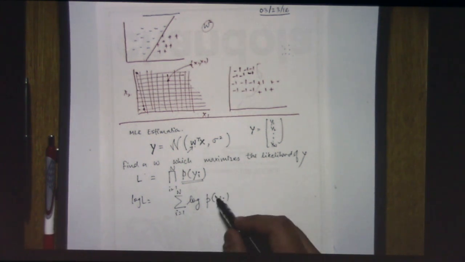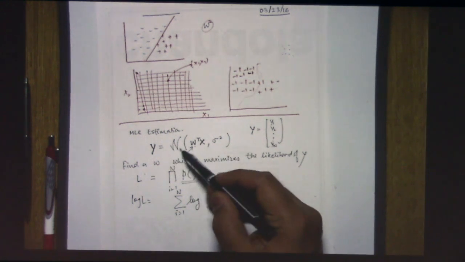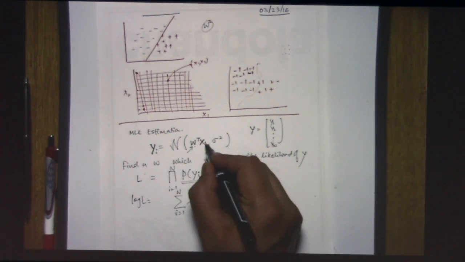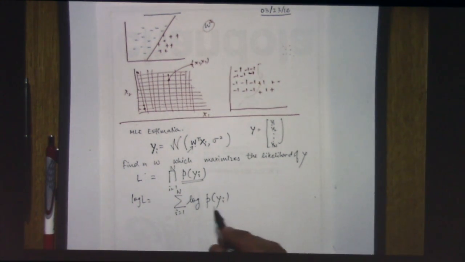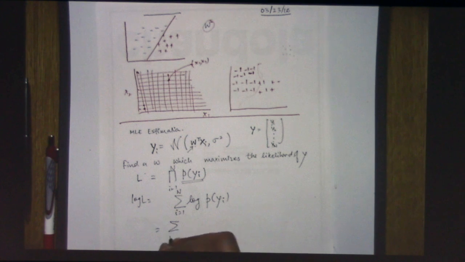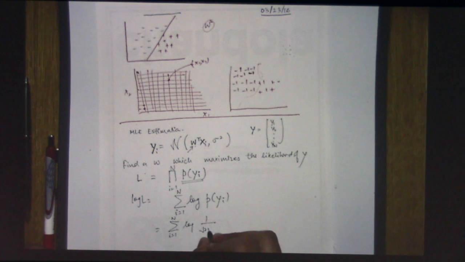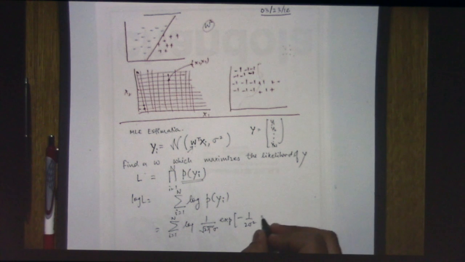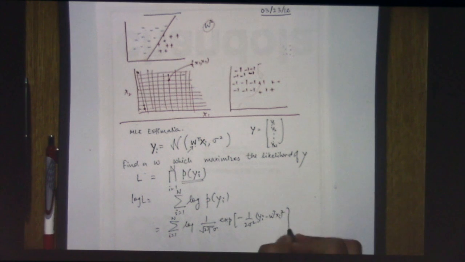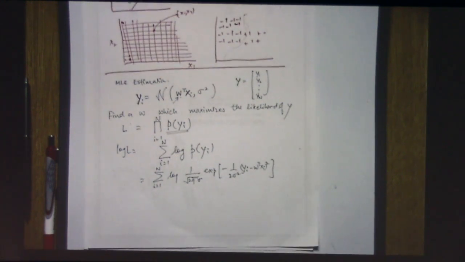Since each yi is a normally distributed random variable, this can be written as the sum over i equal to 1 through n of log of 1 over square root 2 pi sigma, and exp of minus 1 over 2 sigma square times yi minus w transpose xi square. This is the standard equation for a normal distribution.